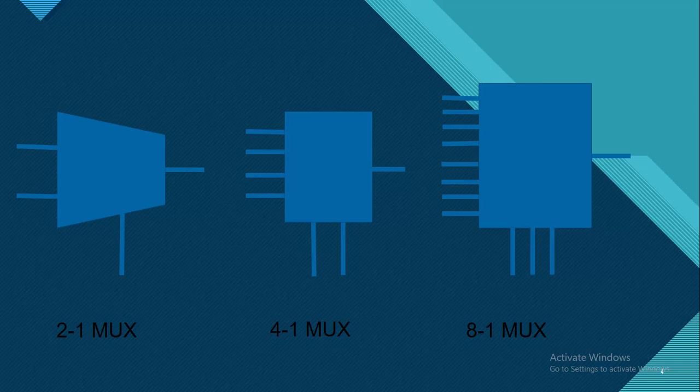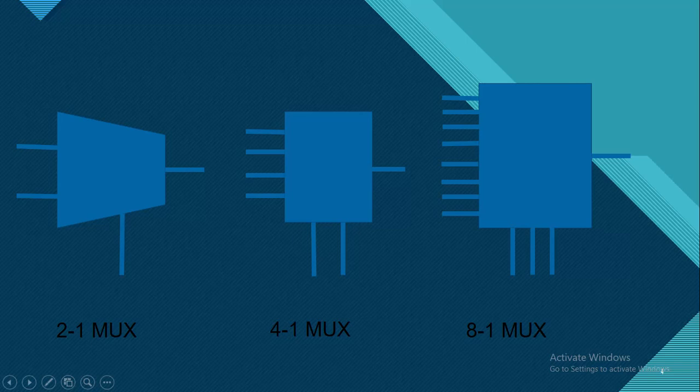A multiplexer can also be called a mux. Here in this diagram we have 3 muxes, which are a 2 to 1, a 4 to 1, and an 8 to 1 respectively. A 2 to 1 mux has 2 inputs, 1 output, and 1 selection line.